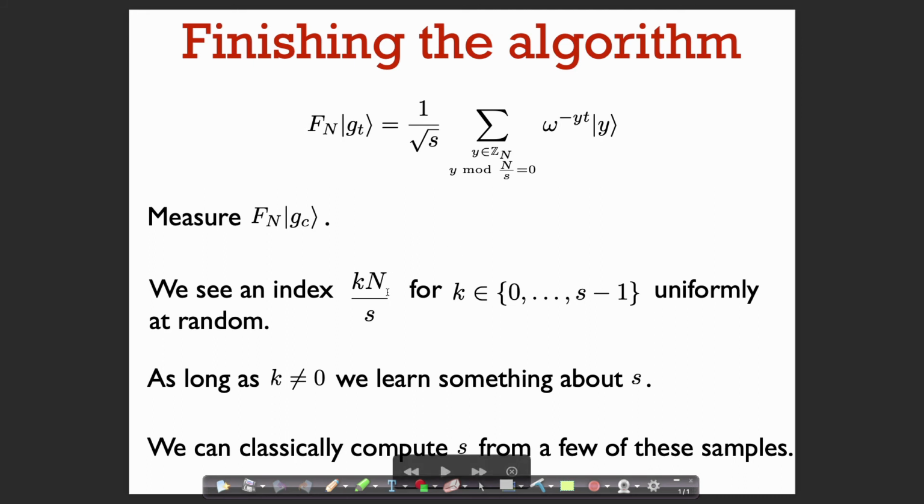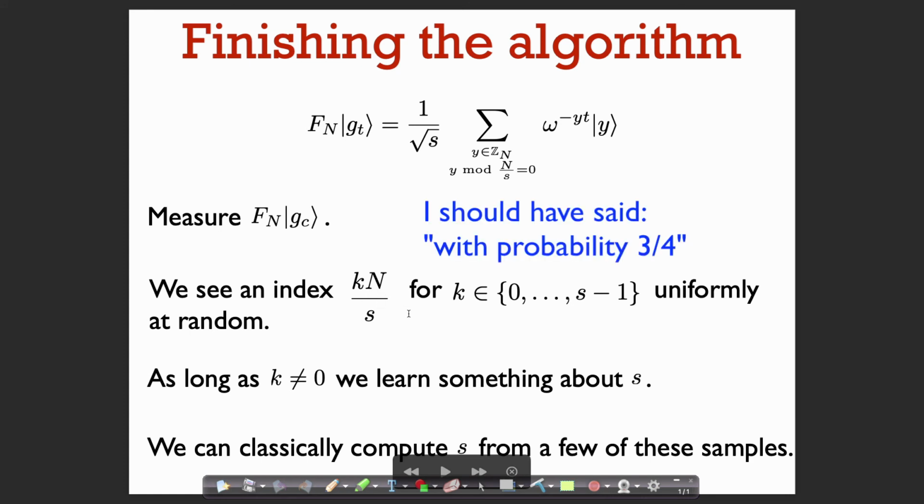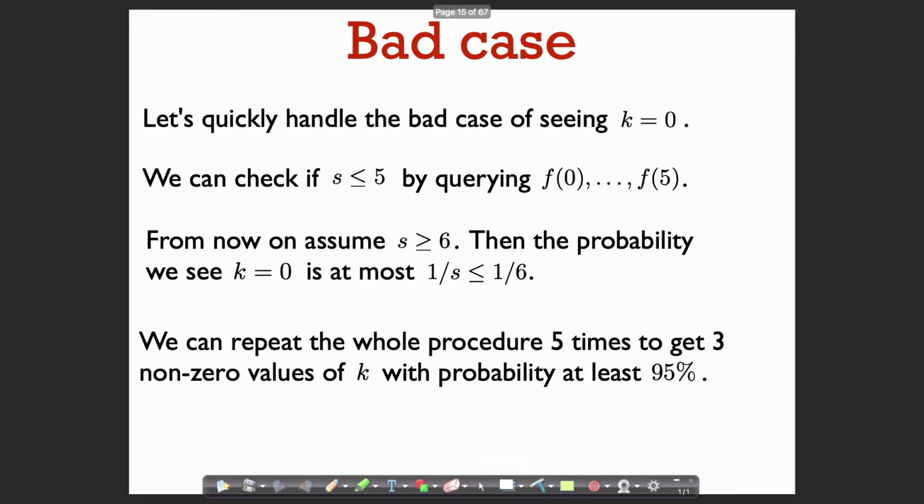The interesting thing now is that as long as k is not equal to 0, we're going to learn some information about s. It turns out that just a constant number of samples is going to allow us to completely recover s with high probability. Let's first handle the boring case where k is 0.